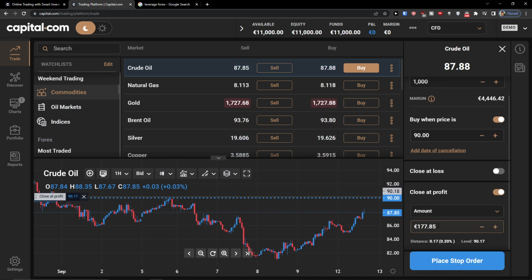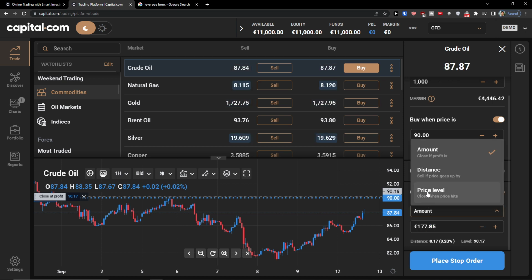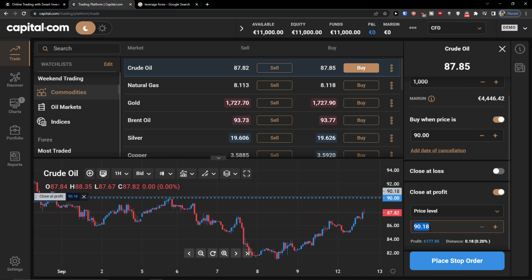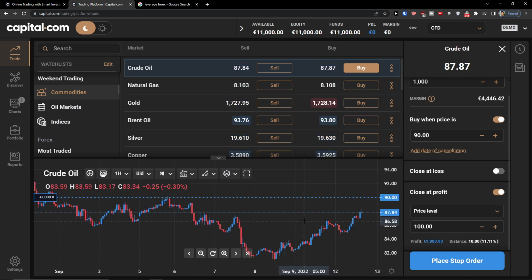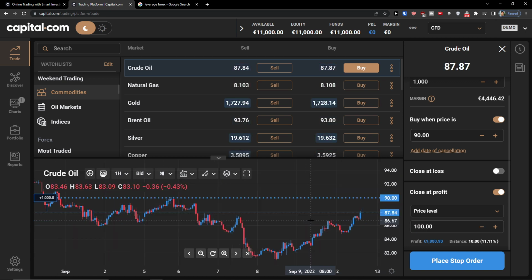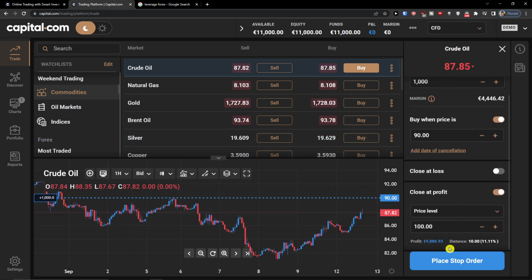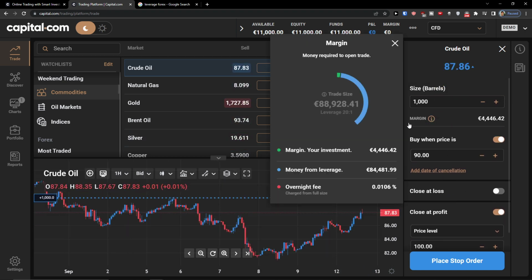So here you're gonna have, so close at profit, price level, and let's say it's going to be 100, let's say. And you see that we would get 9,880 euro. So just with this difference. And what did it mean? That right now we can see we got 20-1 leverage.